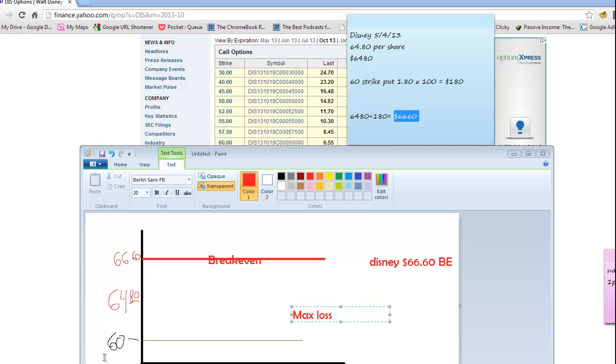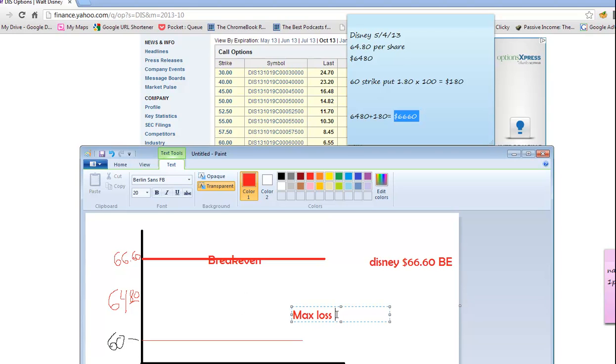Because if the stock goes, let's say it starts trading at $60 or $58, let's say Disney tanks down to under $60, to $58, I have this option here, which is protecting me. So I can exercise the option and sell all my stock for $60.